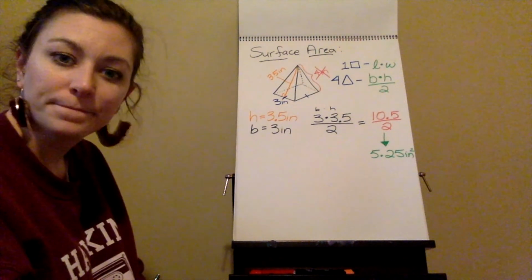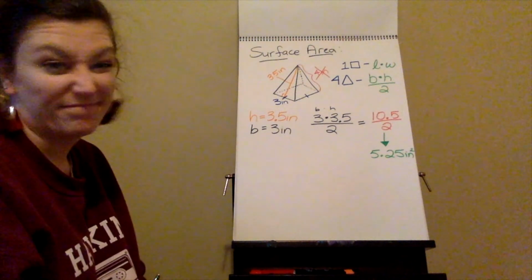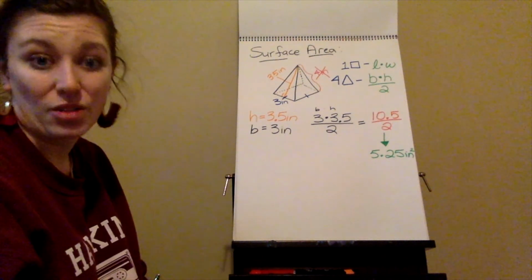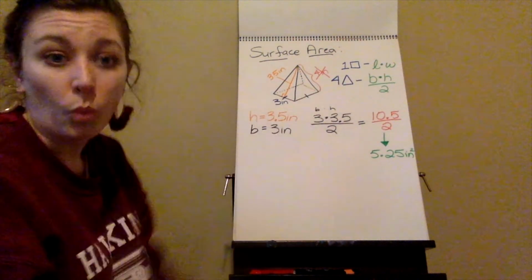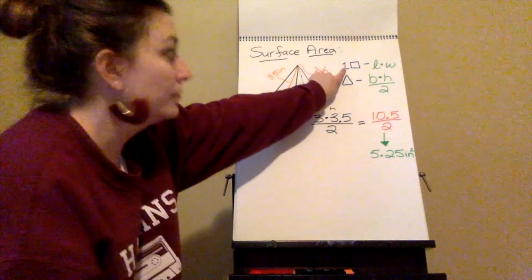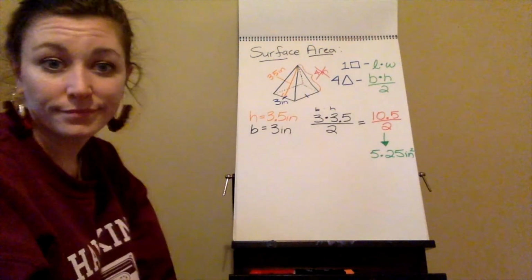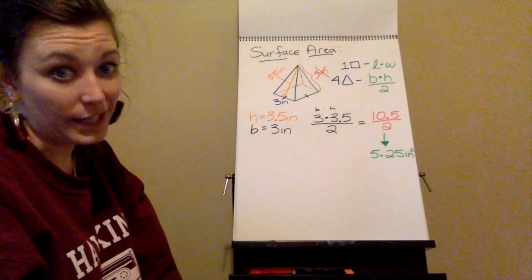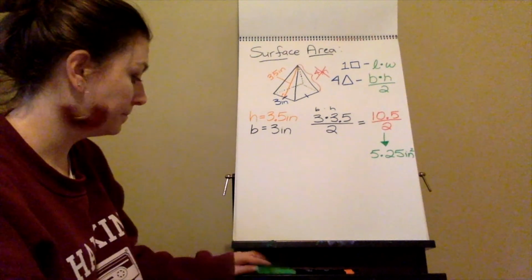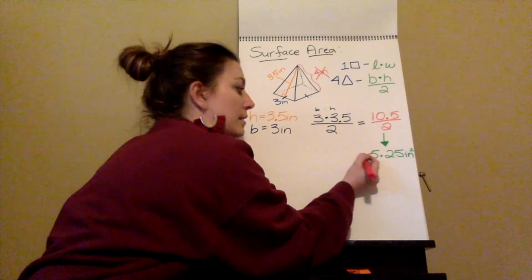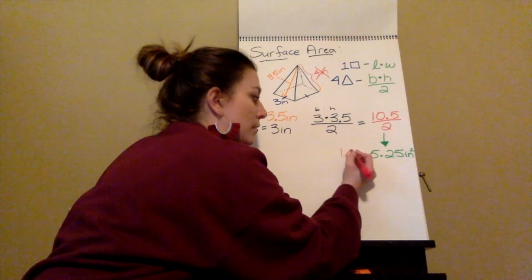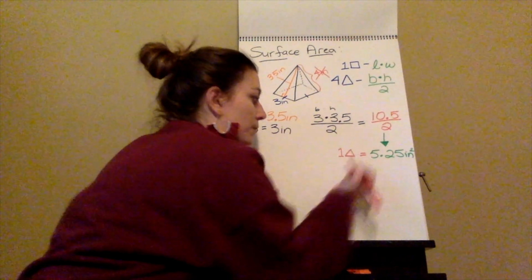Are we done? No. How many triangles do you have? 4. What else do you have? 1 square. We're not done yet. We got to keep going. So we know that this is the area of 1 triangle, right?